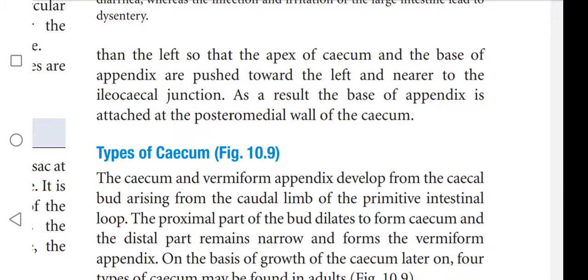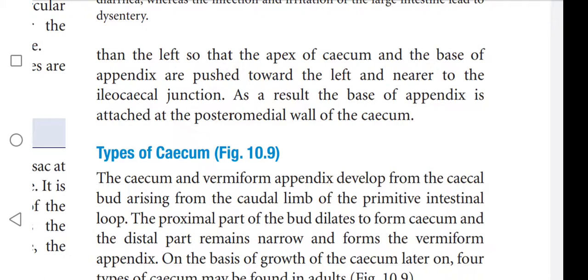Once again, the growth of the right sacculus is greater than the left, so that the apex of the cecum and the base of the appendix are pushed towards the left and nearer to the ileocecal junction.